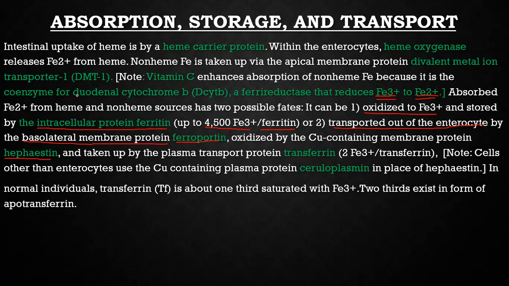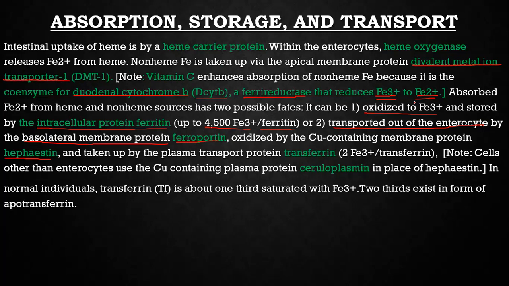And this is done by the enzyme known as duodenal cytochrome B. That cytochrome B is a ferric reductase. You can see it is reducing ferric iron to ferrous. Then, you can see it is a divalent. This is the one which is now absorbed by the enterocyte via the divalent metal ion transporter 1.